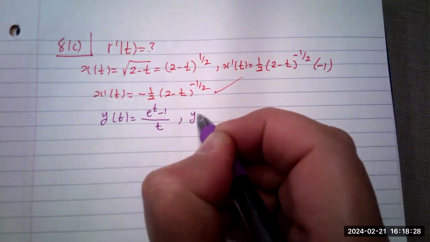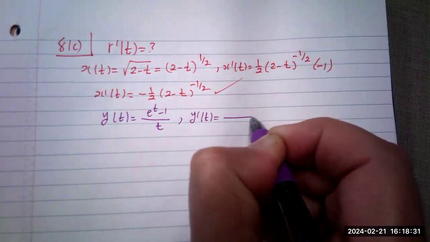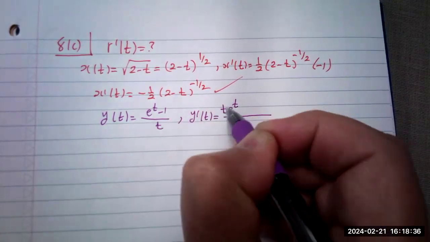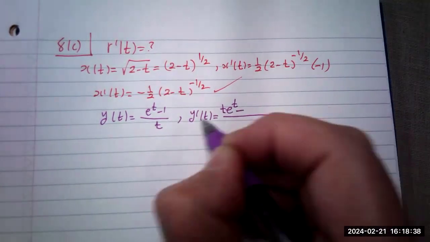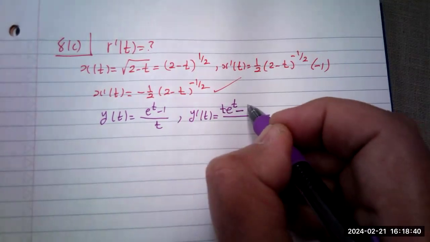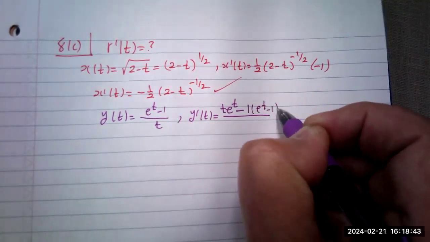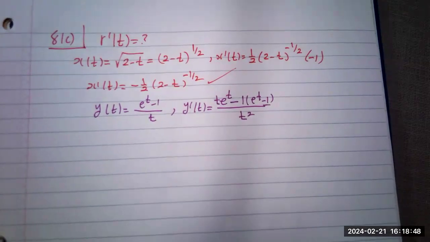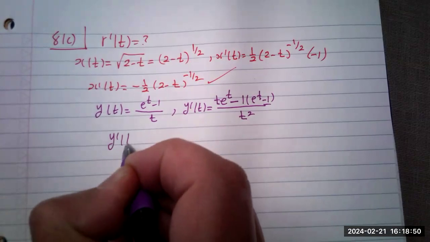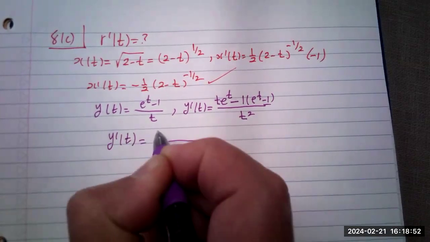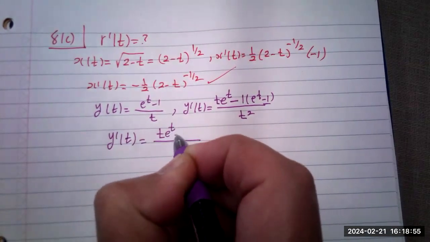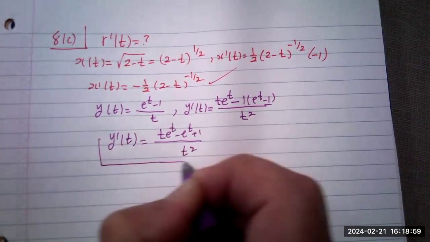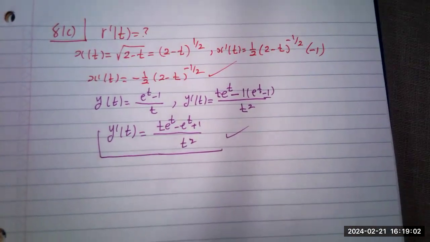So y prime of t is going to be equal to the derivative of the top, e to the t, times the bottom, just t, minus the derivative of the bottom, which is 1, times the top, divided by the bottom squared. Distribute it, simplify if you can. Y prime of t would be t e to the t minus e to the t plus 1, over t squared. We cannot simplify it. So that's going to be the second component.